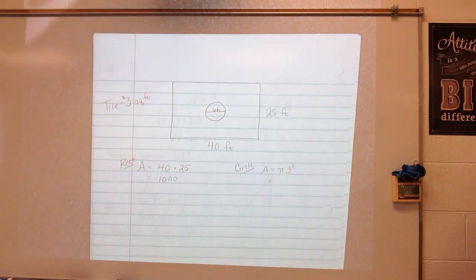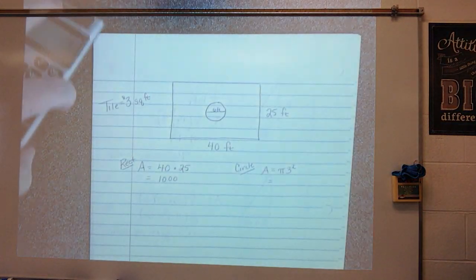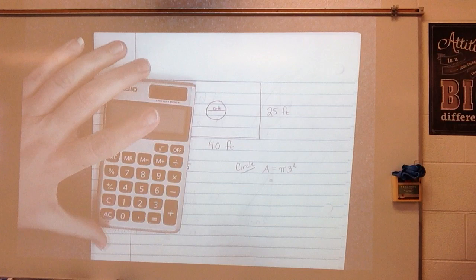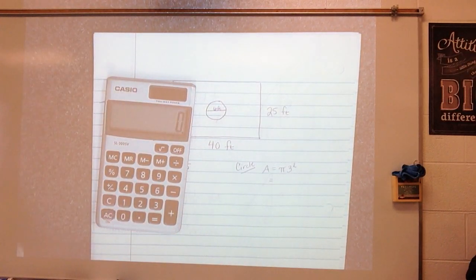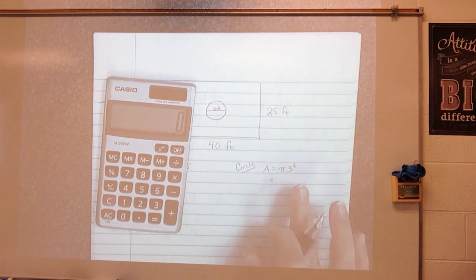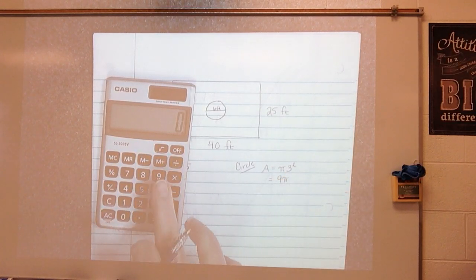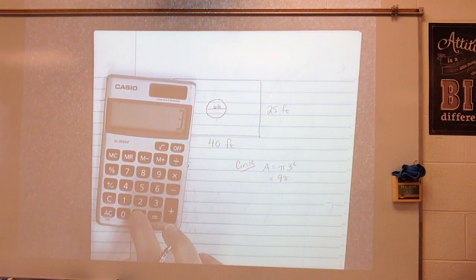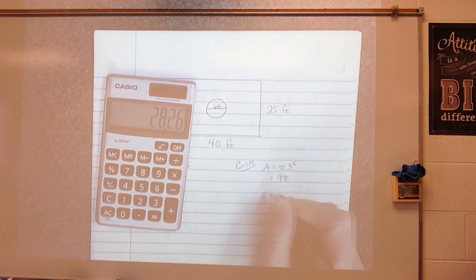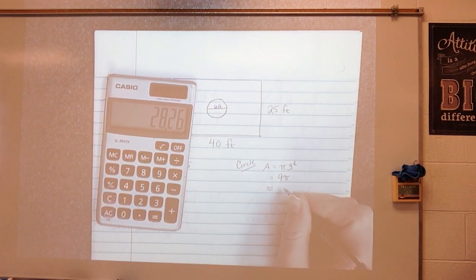Now, I'm going to have to use my calculator. Most calculators have a pi button, but if they do not, that is okay. This one, in this case, does not. So 3 squared is 9, so I have 9 pi. 9 times 3.14 gives me approximately 28.26.